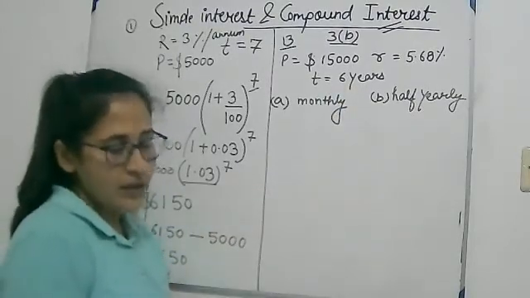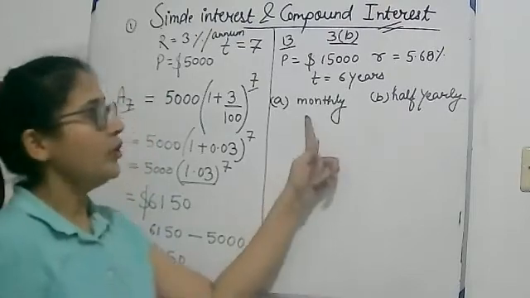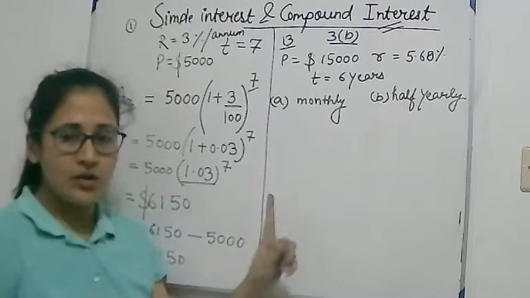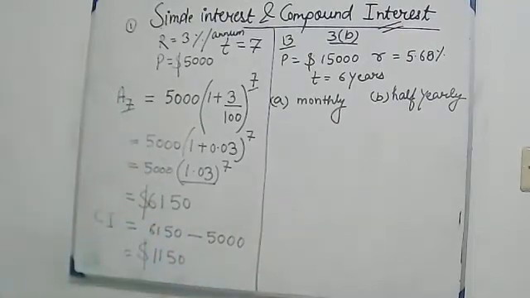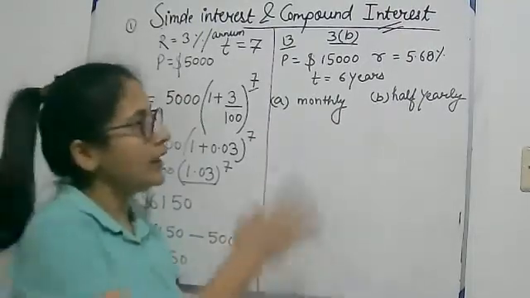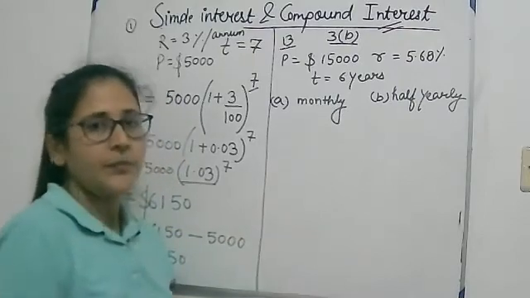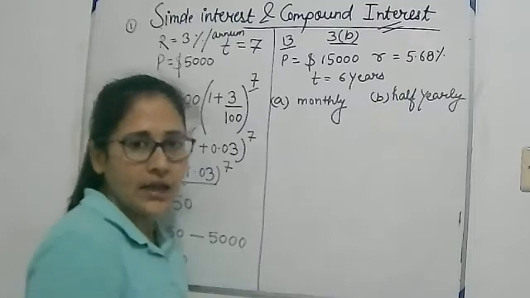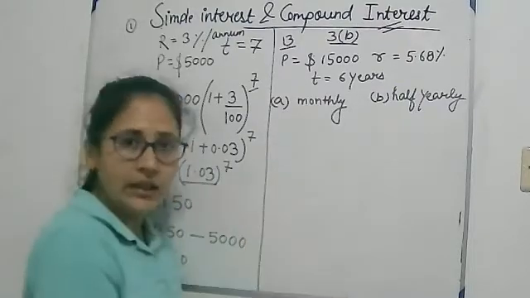If the interest is compounded monthly and half yearly, then you have to find the value for each. What I told initially is that compound interest can be calculated more than once in a year. Now we have to count monthly.